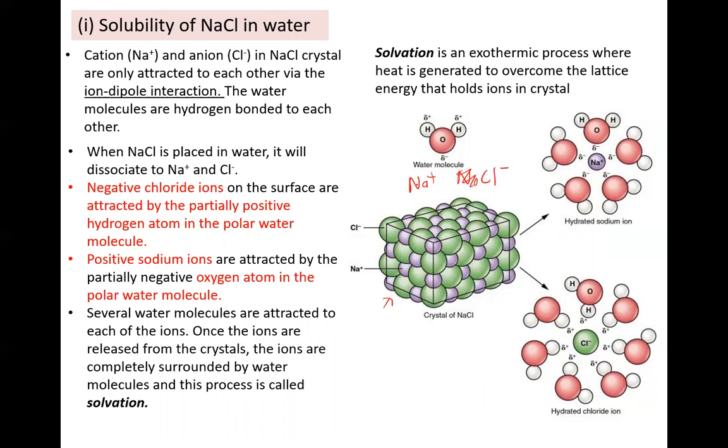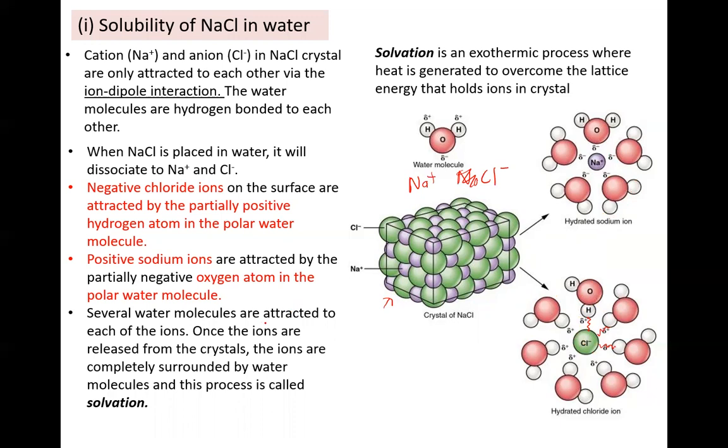These ions will interact with water molecules. Sodium Na+ will be attracted to the oxygen atom in water molecules, since the oxygen atom is partially negative. The chloride ion will be attracted by the partially positive hydrogen atom. This interaction between the chloride ion and water molecules we call ion-dipole interaction.